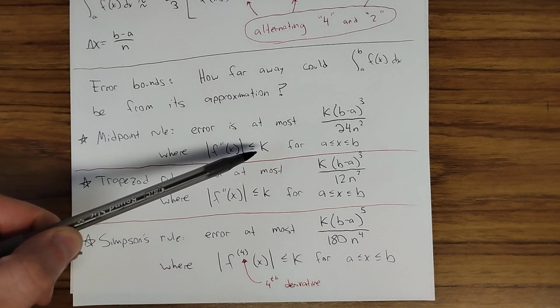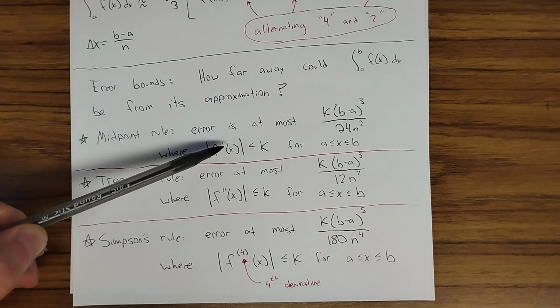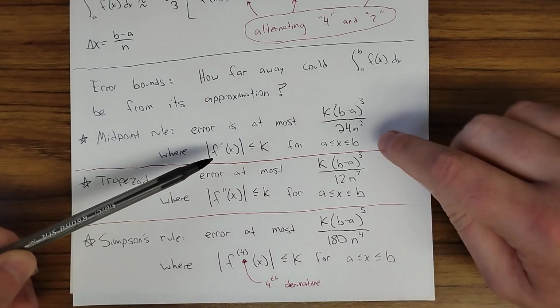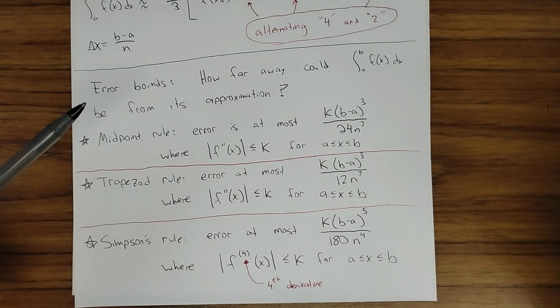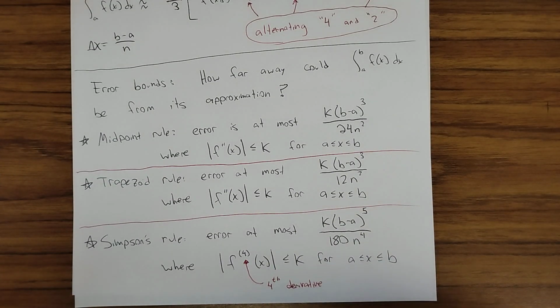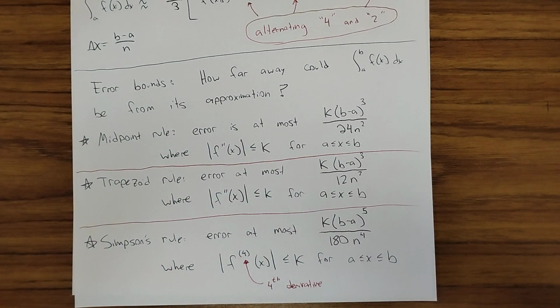K could be any number as long as the absolute value of the second derivative is at most K, at least as long as x is in the interval from A to B. So as long as you can come up with a suitable number for K, you can put that here and find a bound on the error. So that's for the midpoint rule.